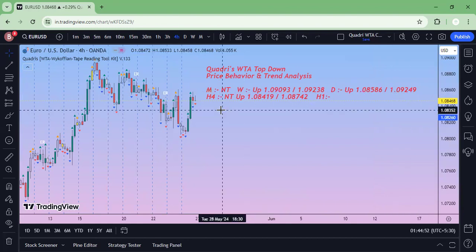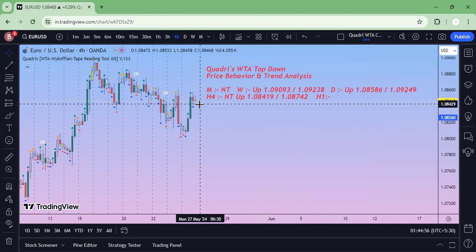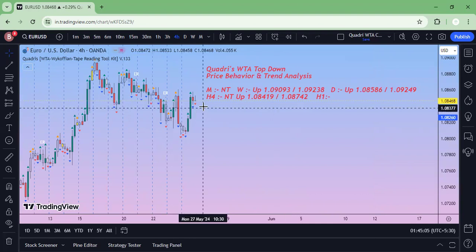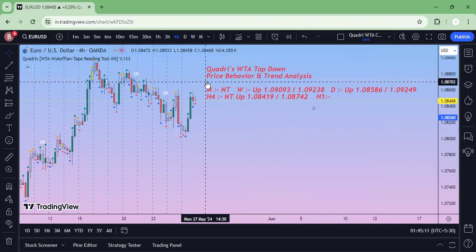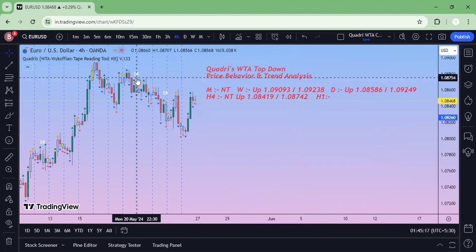And on H4, at least I'm expecting price to hold this particular level of 08419. If it holds this level, then there are brighter chances that the price might reach up till 08742.